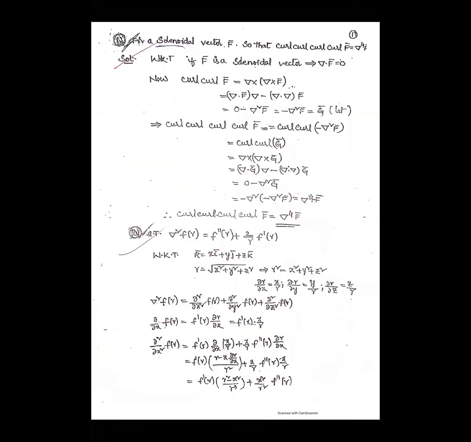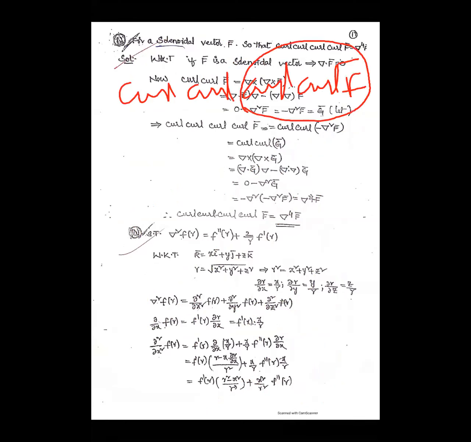So I take the total LHS, that is curl curl of curl curl F bar. Since curl curl F bar gives minus del square F, we replace that value in the above equation. The curl in the circle we assume is G bar. So curl of G bar.